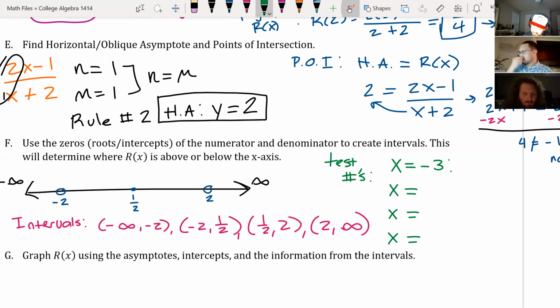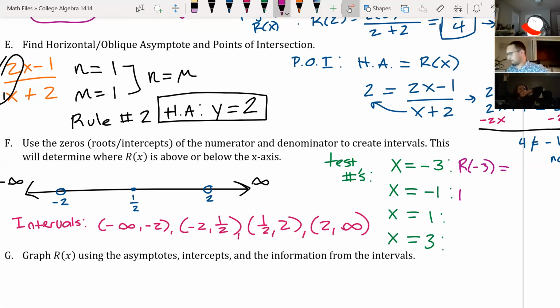Give me a number from -2 to 1/2. -1. 1/2 to 2. 1. And 2 to infinity. 3. Perfect. We're plugging these all into our function.